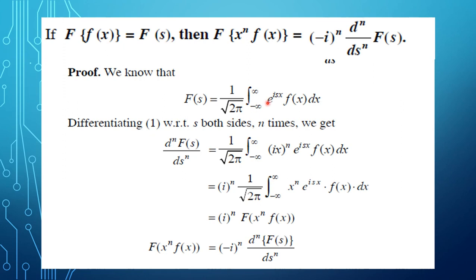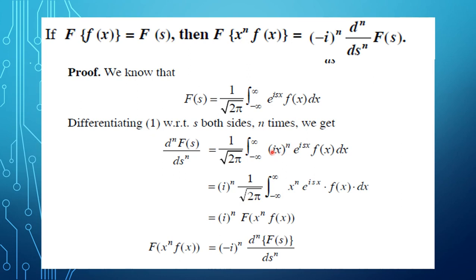We take the nth order differentiation of F(s), which is d^n F(s) by ds^n, equal to 1 by root 2 pi integral from minus infinity to plus infinity. Here e to the power i s x is the function of s, so its derivative of nth order is (i x) to the power n into e to the power i s x f(x) dx.